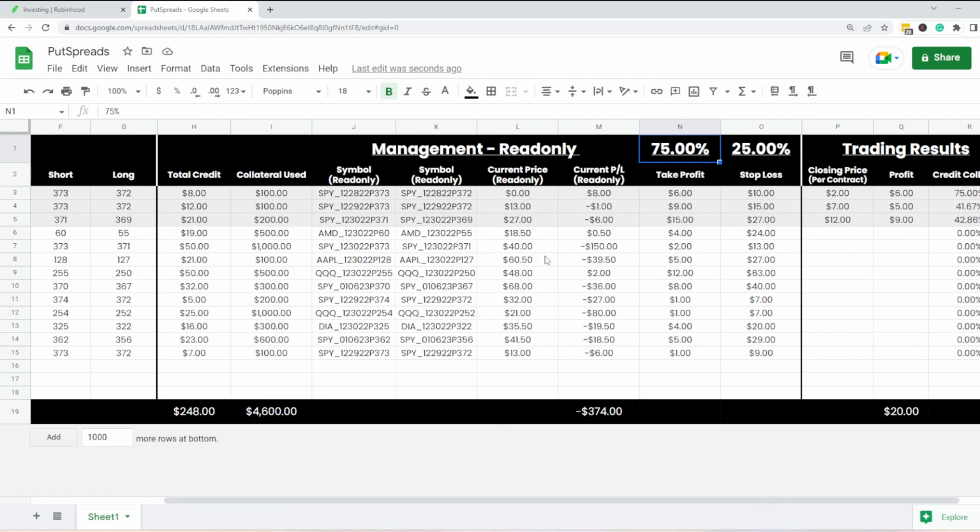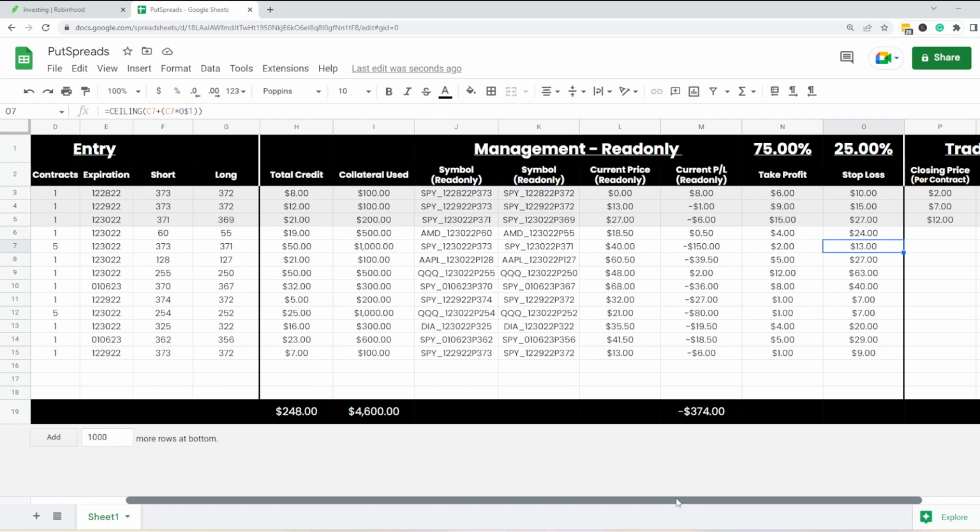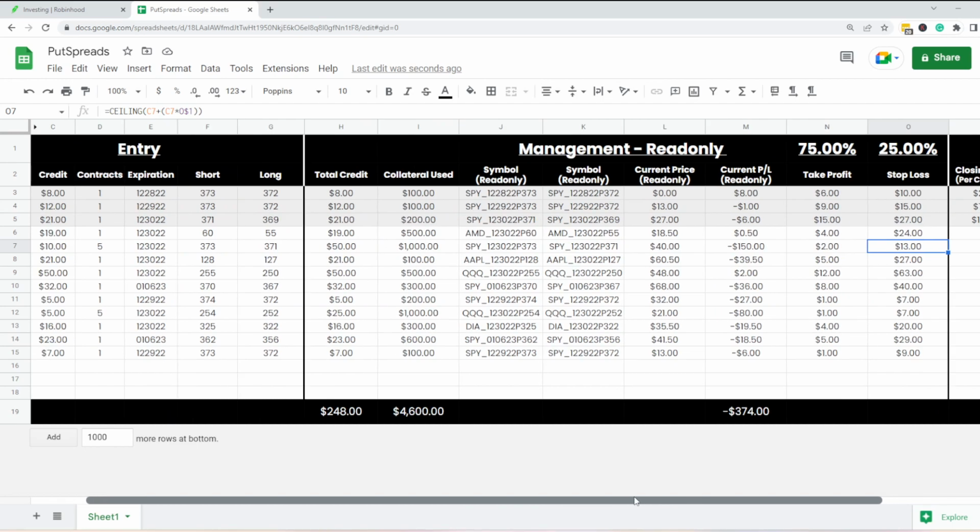Like I mentioned earlier, I would have liked to have gotten out of this position before being down $150, because that's much more. We're sitting at 40, and our stop loss would have been at 13, because we originally got a credit of $10.